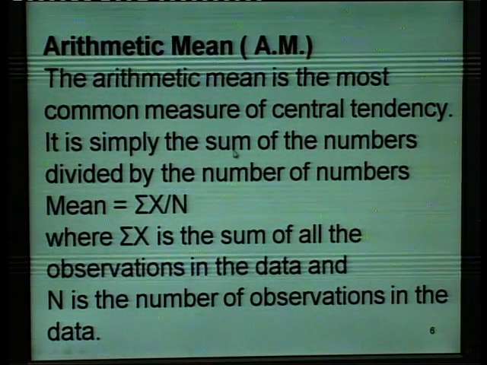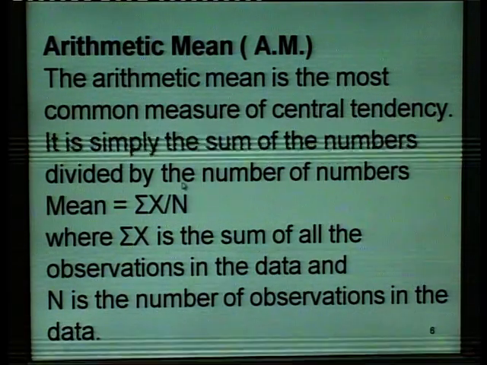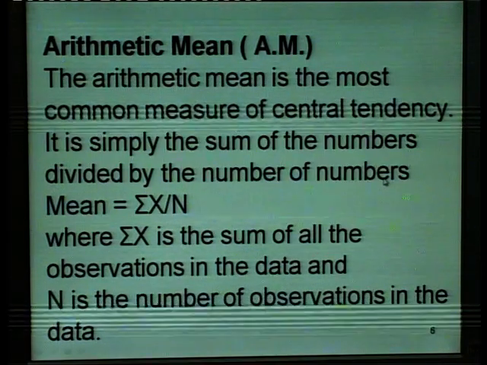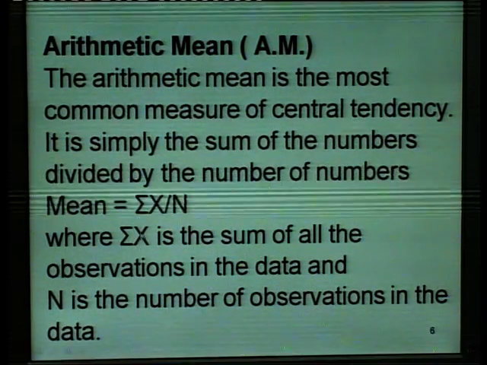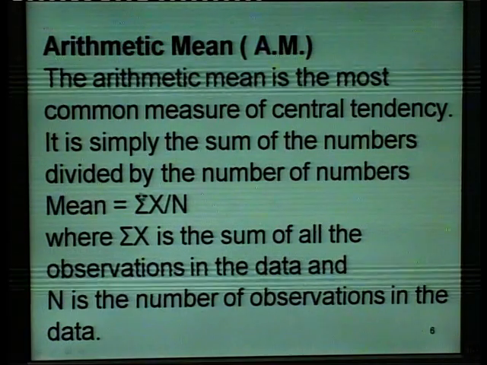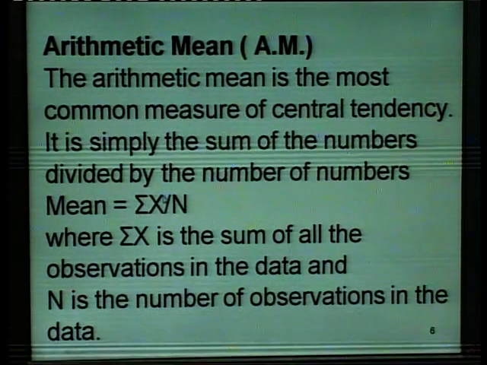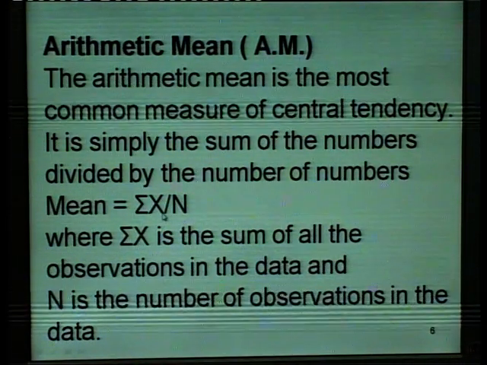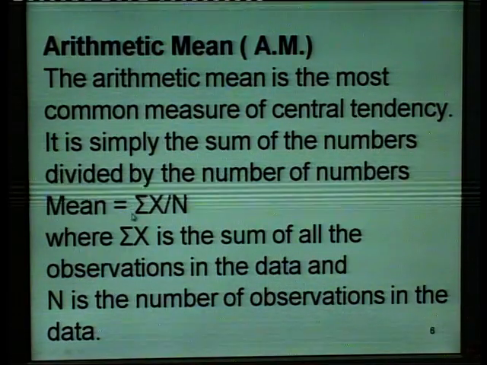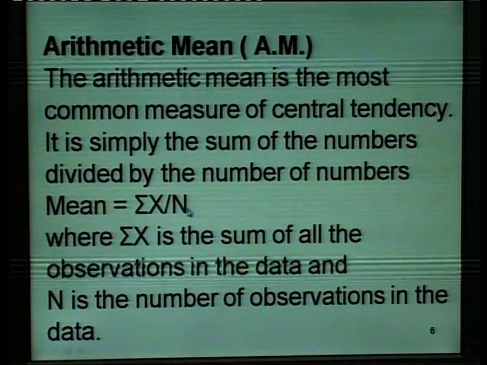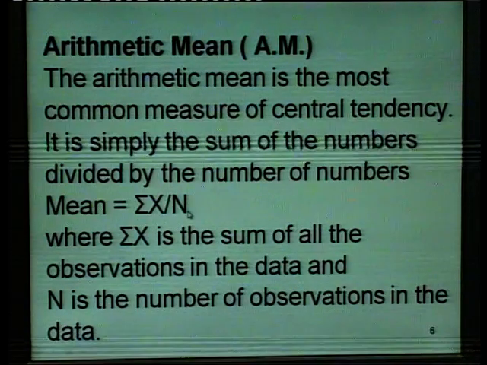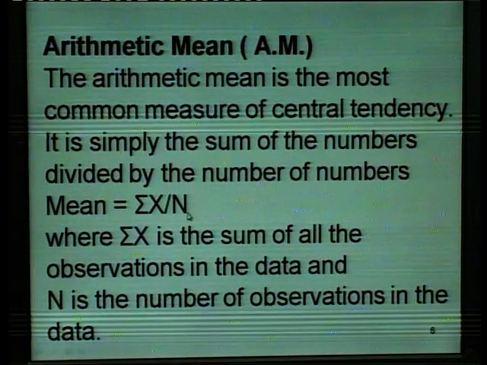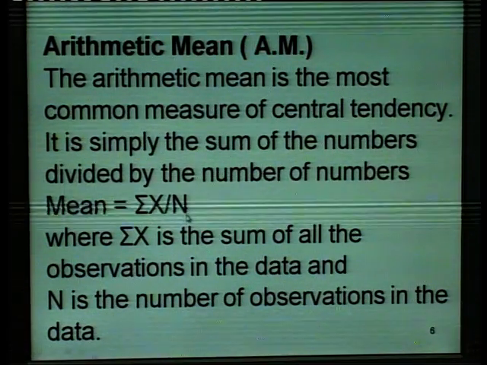How do we calculate mean? Simply, the sum of the numbers divided by the number of numbers. How many numbers? We count the numbers. First we add, this is summation x, all values of x. If the data is of marks of students, then we add all the marks, and then divide by n, the number of observations, the number of counting, whether it is number of students, number of laborers, whichever data.